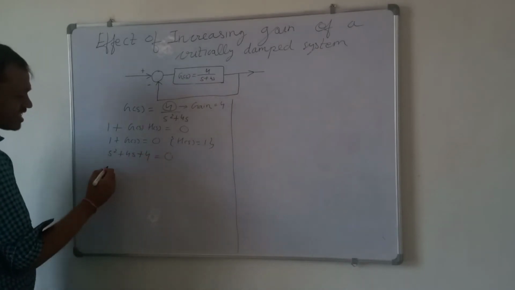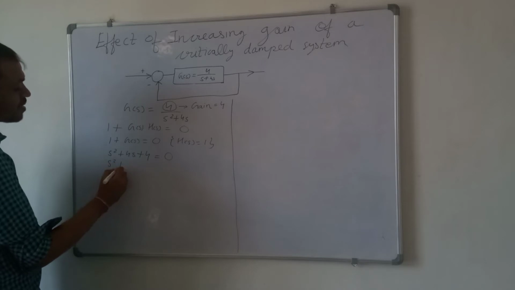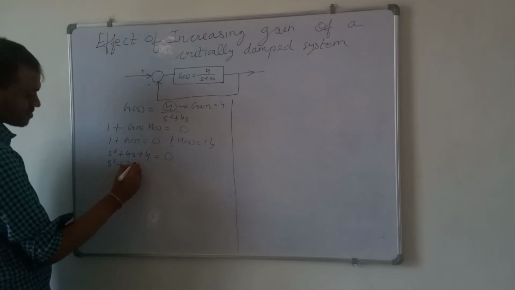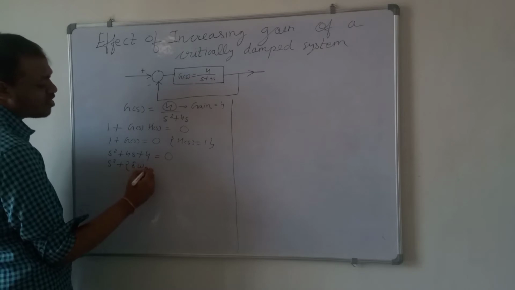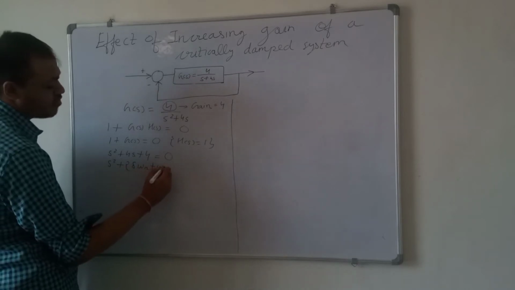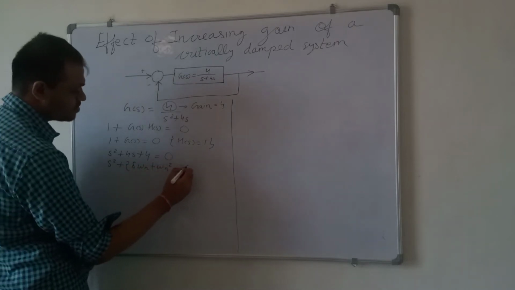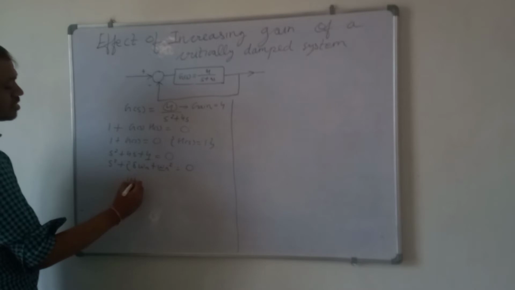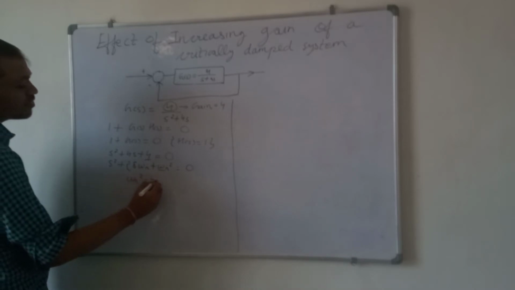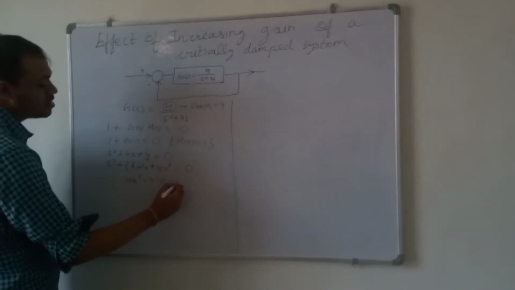This equation is generally of the form S square plus 2 times damping ratio times natural frequency omega n times S plus omega n square equal to 0. If you compare these two equations, then omega n square is equal to 4, so omega n is 2.